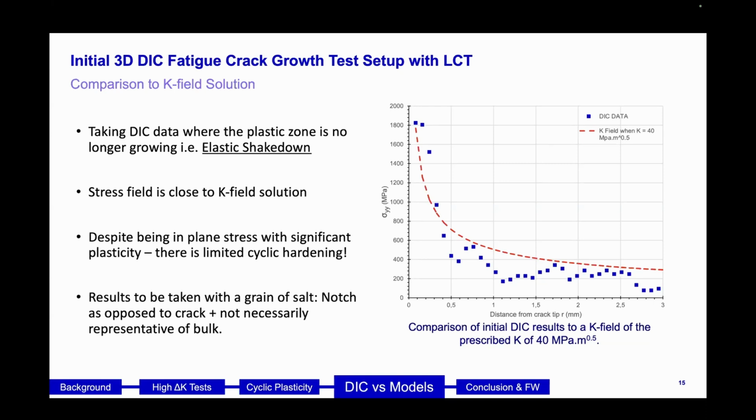From the strain field, we can extrapolate a stress field, and plotting this against an elastic K-field solution, we get a good agreement. This is very surprising given that we're at such high delta K, where there is significant plasticity, and yet this agrees. As the crack grows, this will get even more severe.